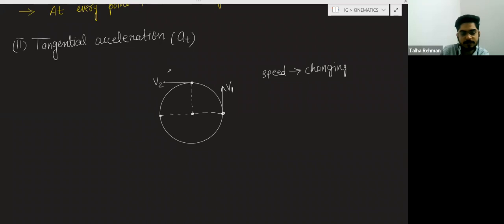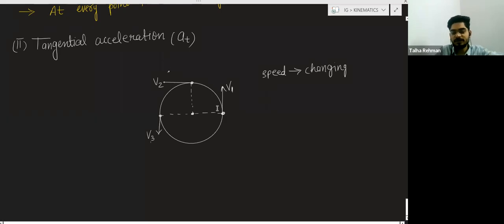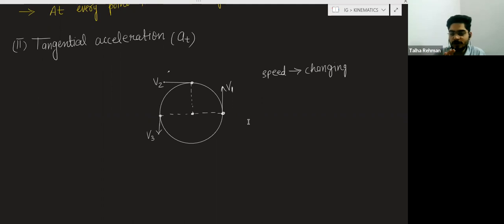At this point the speed is v3. Means at every point the speed is changing. And in a circle the direction always changes, no matter the speed is changing or not.